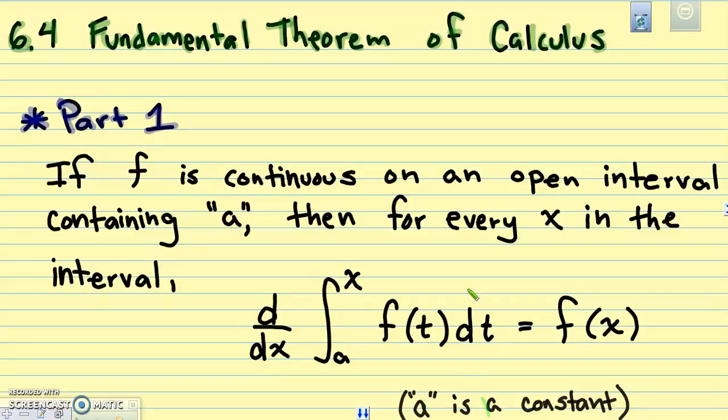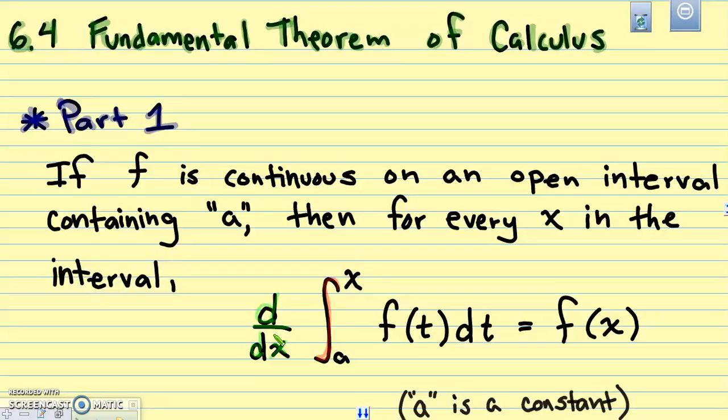interval, this applies. So the Fundamental Theorem of Calculus, Part 1, confirms that the derivative, while at the same time integrating, will cancel each other out, or think of it as inverse.